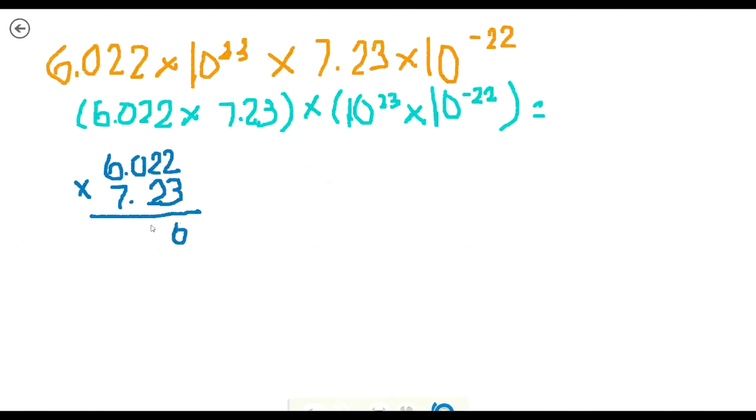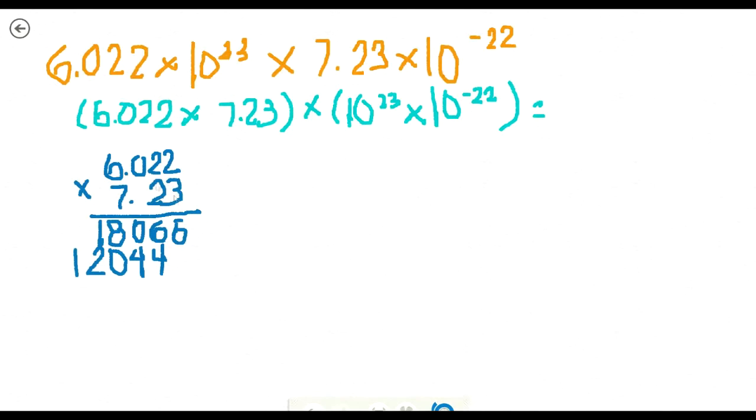So let's multiply it. 2 times 3 is 6. 0 times 3 is 0. 3 times 6 is 18. Now 2 times 2 is 4. 2 times 2 is 4. 2 times 0 is 0. 2 times 6 is 12.